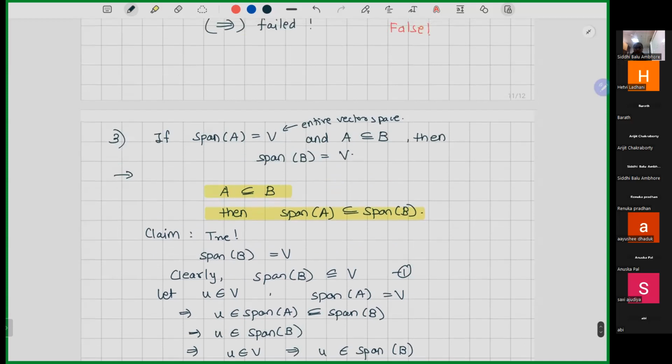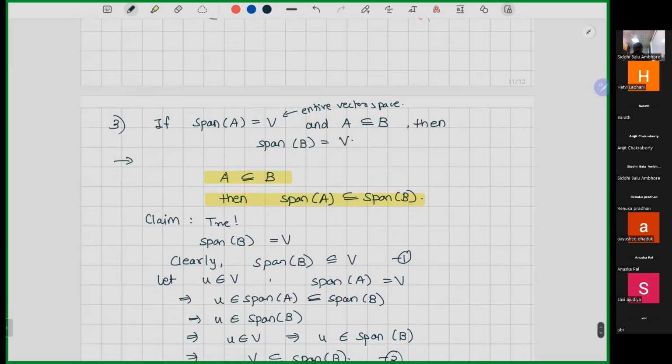So this happens when our span is the entire vector space. If the span of a smaller set is the entire space, then the span of the bigger set will also span the entire vector space. That's what this statement is saying.